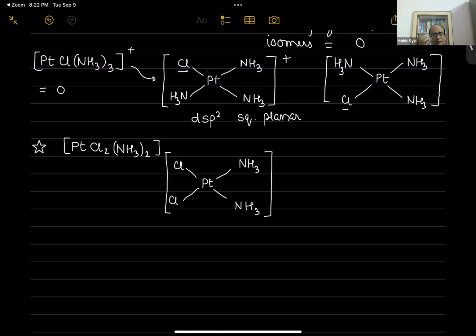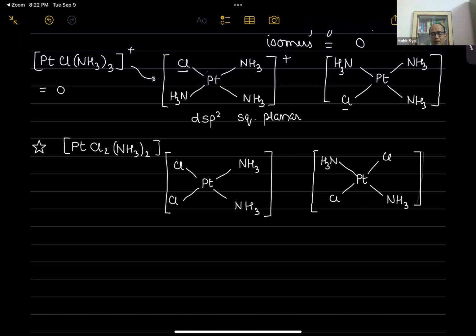The reason is clear once you see the position of the two Cl atoms, and why the other one is known as trans. That also is quite clear by looking at the position of the two Cl atoms. Is that clear to everyone?